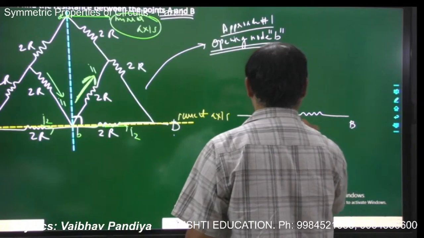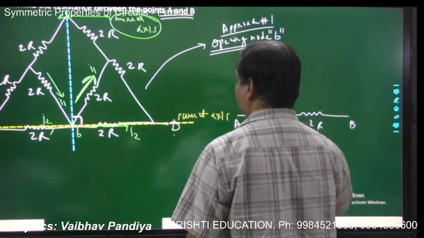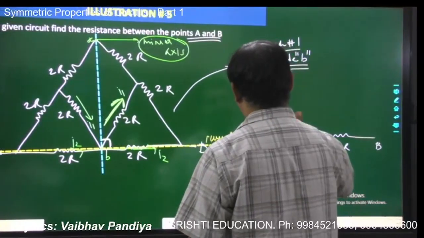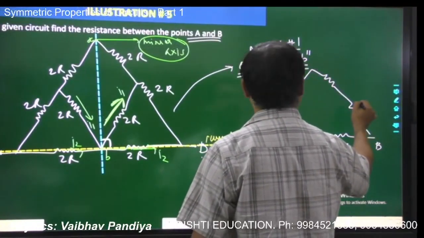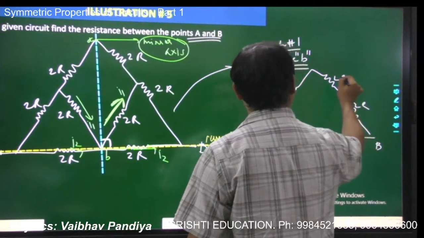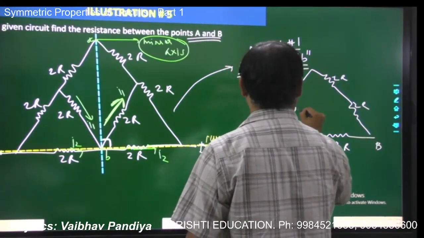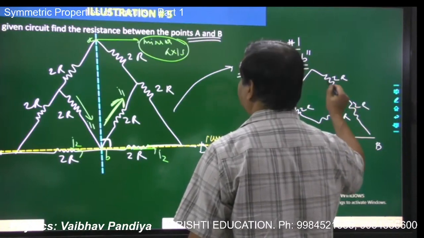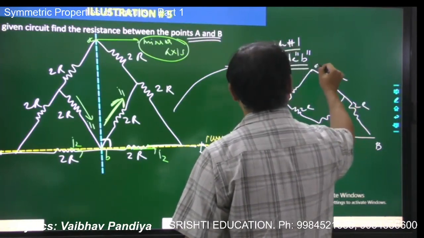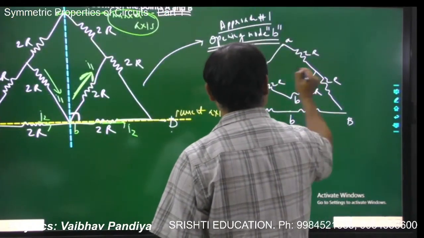This is capital B, this is small b, this is A, and every resistor here is 2R. This is your A, and this is your B, correct? And this is C, and this is D.